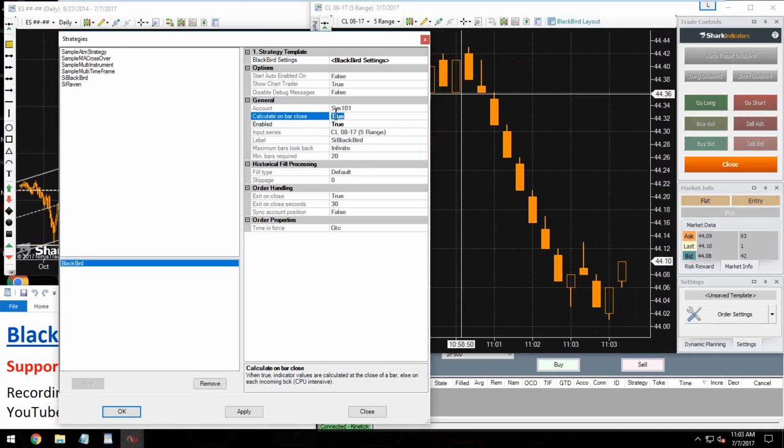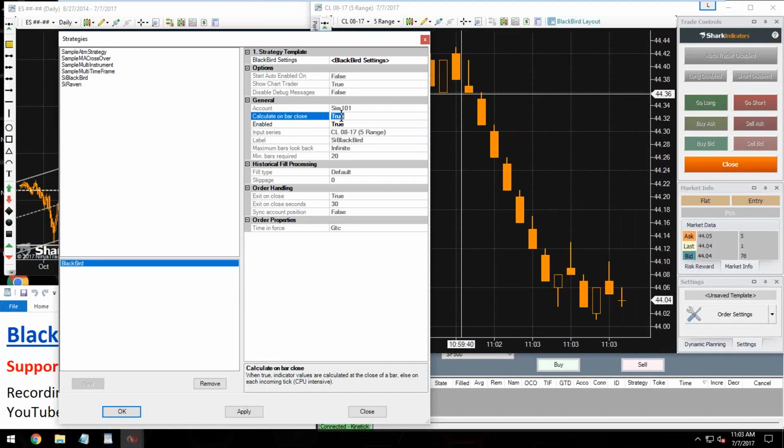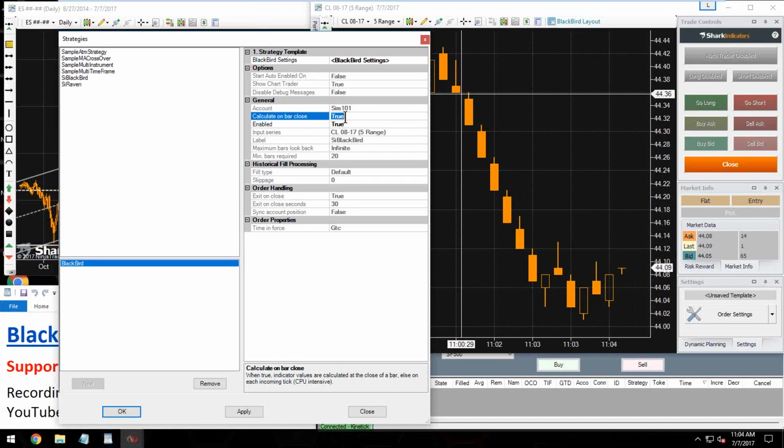If calculate on bar close is set to true, then that means the ANA super trend also has calculate on bar close set to true. So your stop loss is only going to get updated when the bar closes, because that's when the ANA super trend gets updated. All right. So if you set this to false, then your ANA super trend would get updated in real time, and therefore your stop loss would get updated in real time as well.